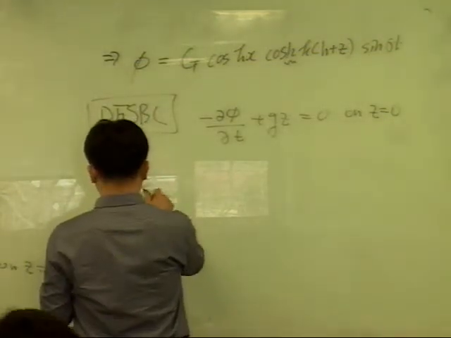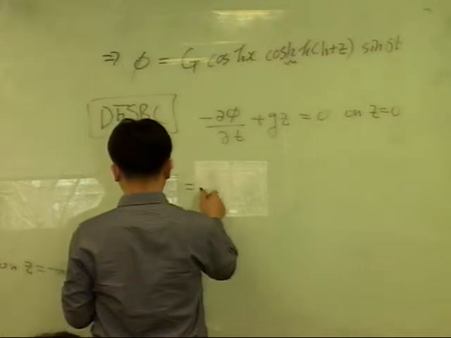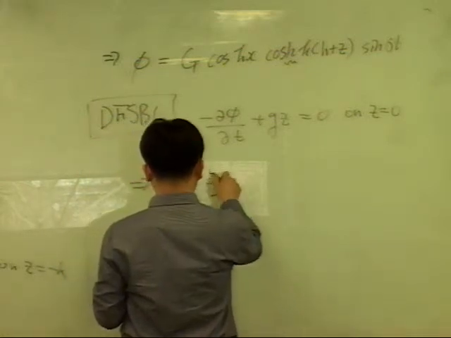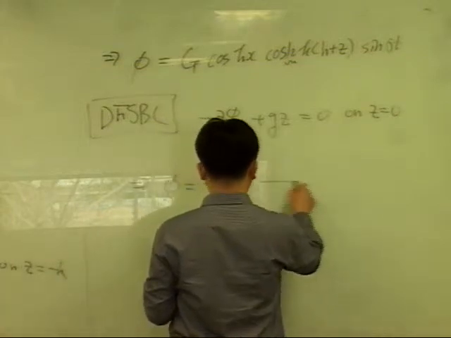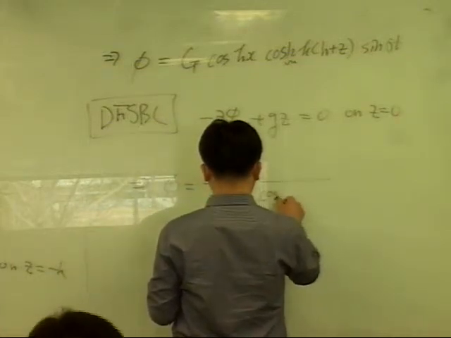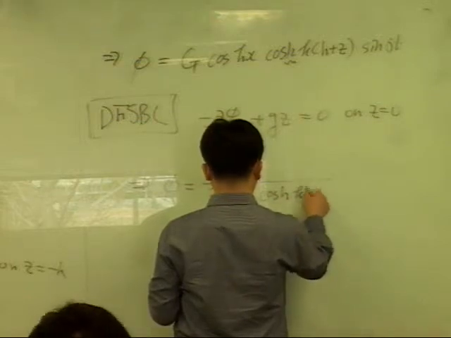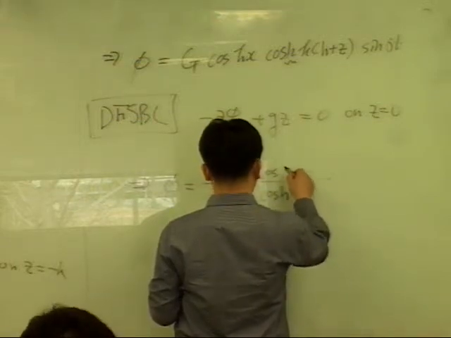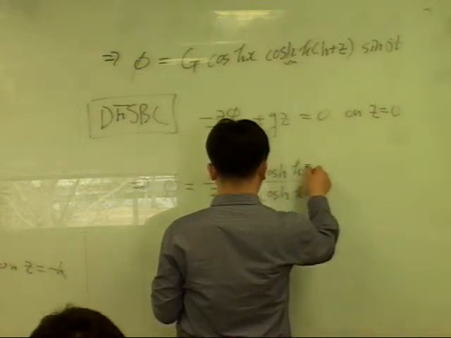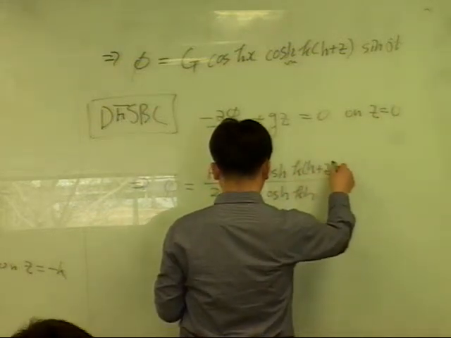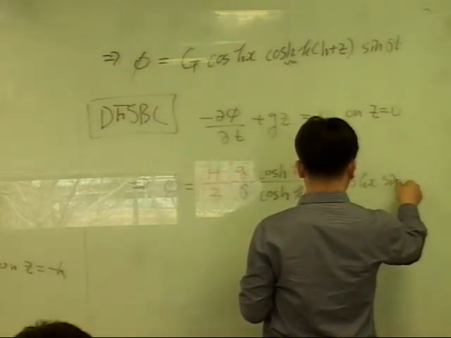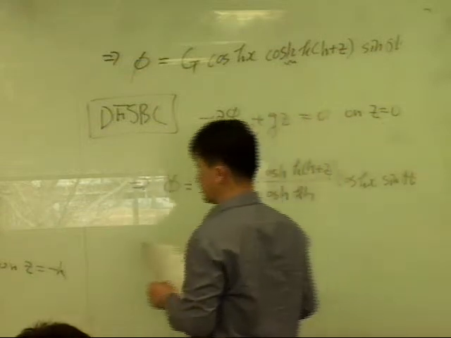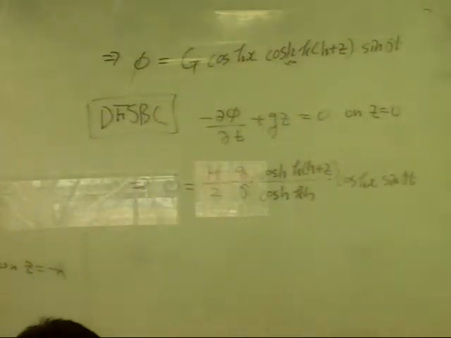Then from here you can get the potential. The equation looks complex.